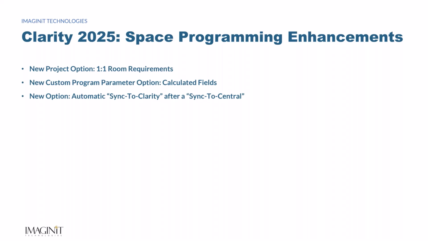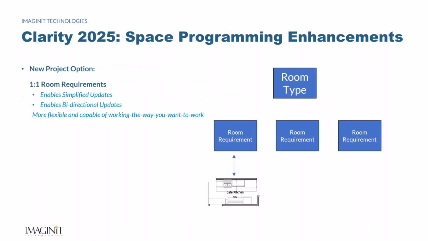And within the 2025 version, we've added more options for these different pieces. So on the one-to-one room requirements, we've historically run into different kinds of firms or practices within a firm about how room type oriented or room requirement oriented they were.